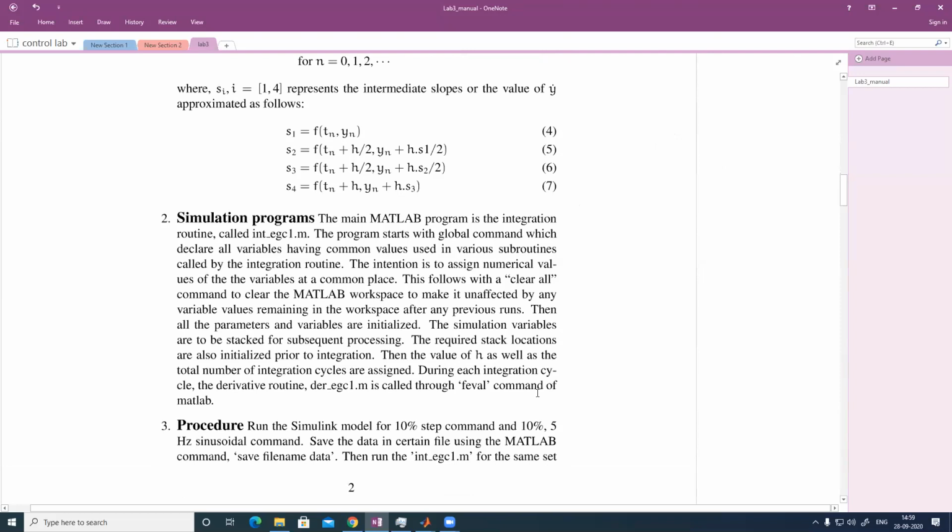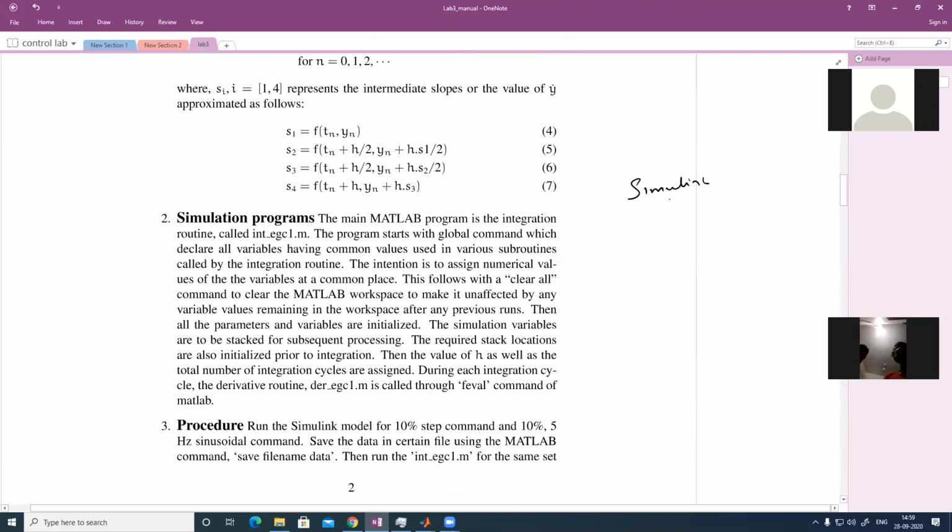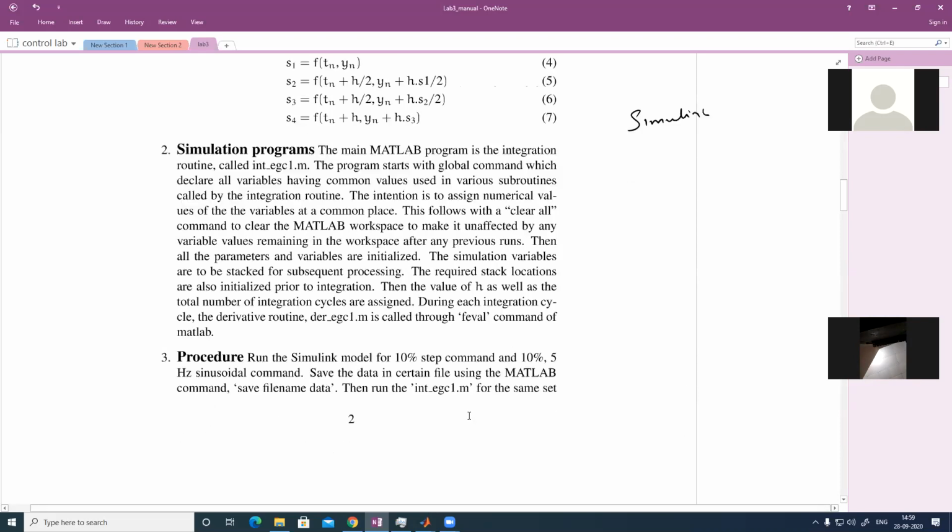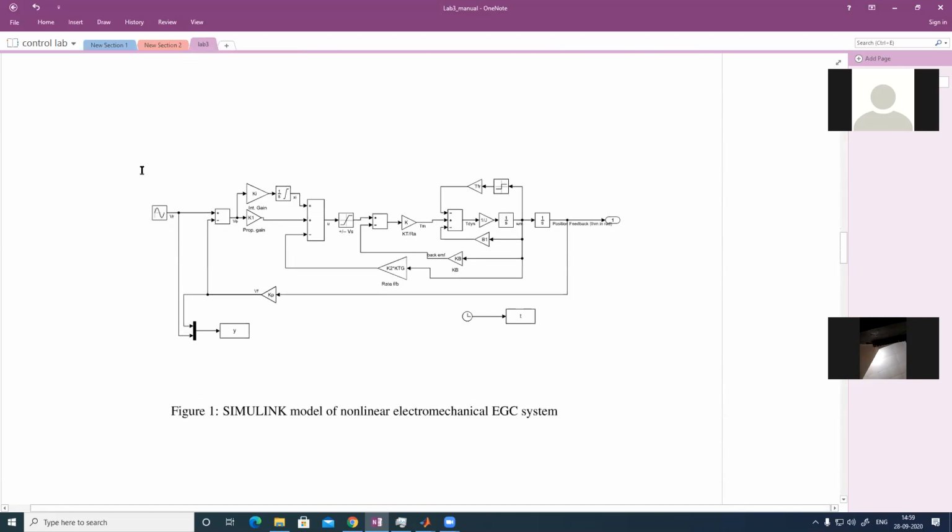Now you have to convert this Simulink file to MATLAB code. The procedure is very simple. First of all, you have to select this Simulink model.